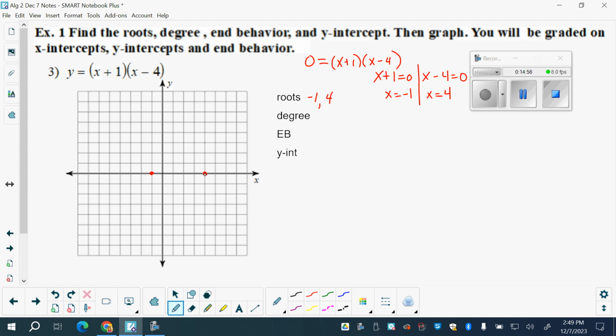It is a 2. I have an x times an x squared or degree of 2? Questions on that? How we got the degree of 2? Is that even or is that odd? Even. So what's my A on this one? It's a positive 1. It's assumed to be a positive 1 right here.